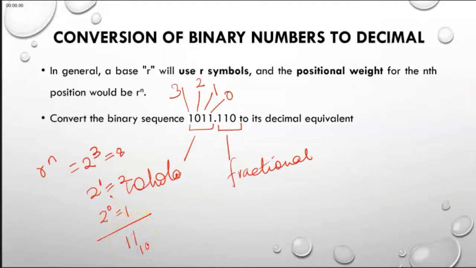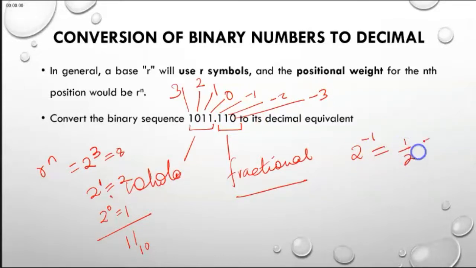11 in base 10. Similarly, to get the value represented by the fractional part, we know that the weight of this position is 2 to the power minus 1, this one is minus 2, and that is minus 3. Therefore 2 to the power minus 1 is 1 over 2, which is 0.5. The next one, 2 to the power minus 2, is 1 over 4, which is 0.25.